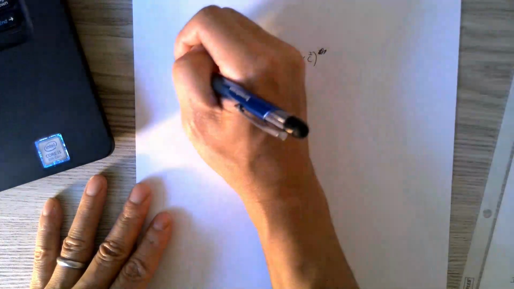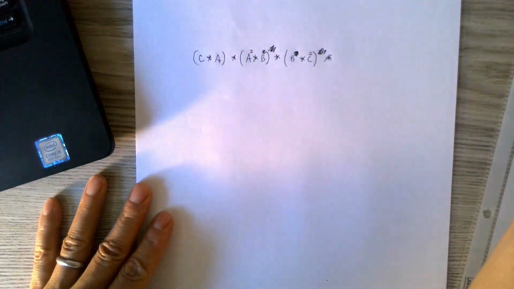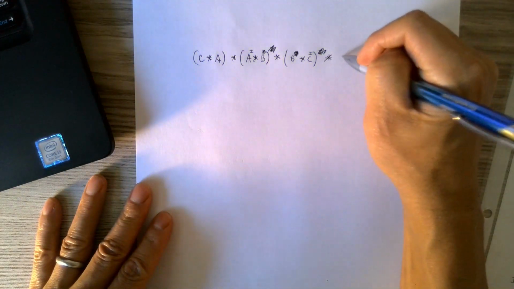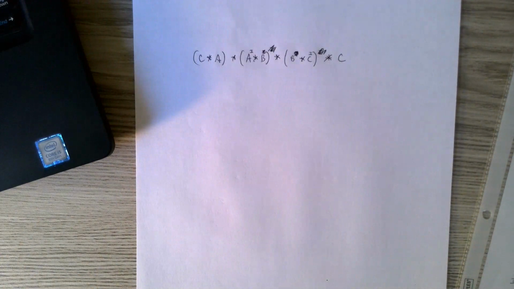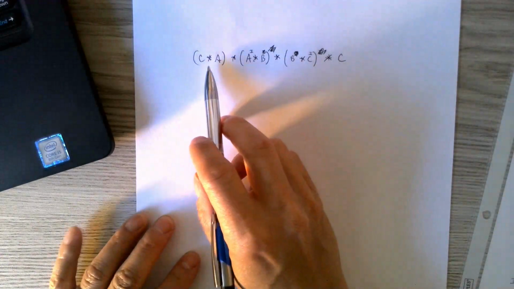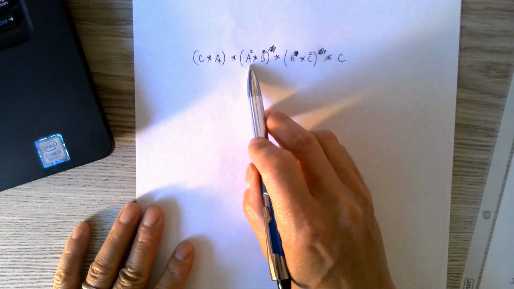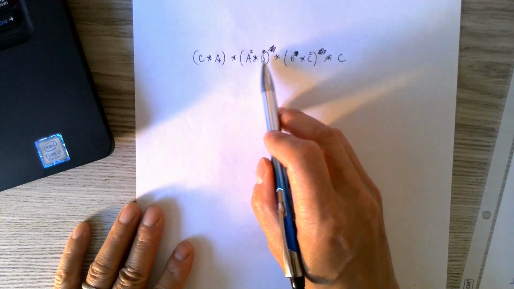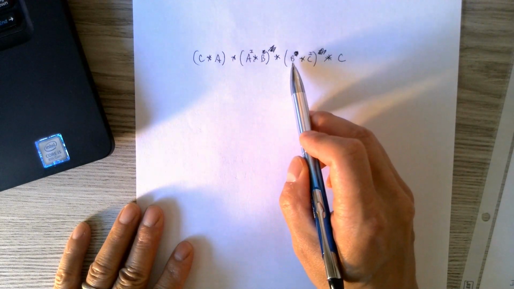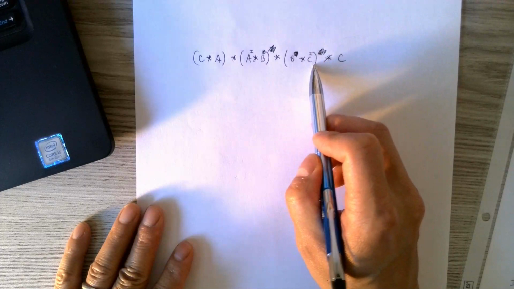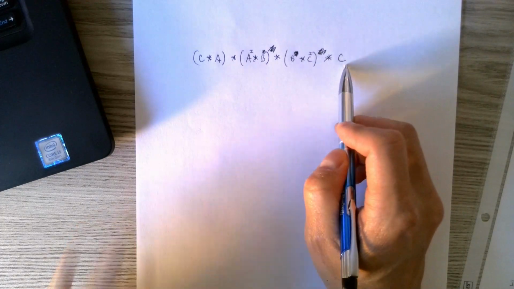And I'm going to put star C at the end there. Okay, so in this parentheses we have C star A, in this parentheses we have inverse of A star inverse of B, and here we have B star inverse of C, and then star C.